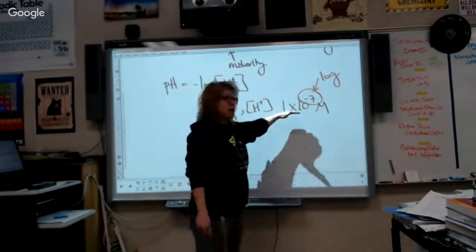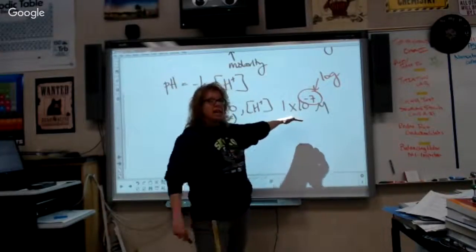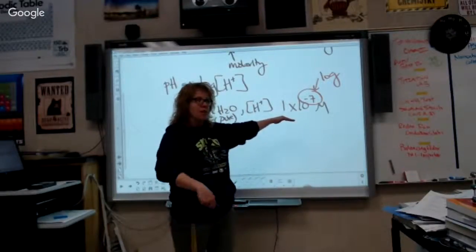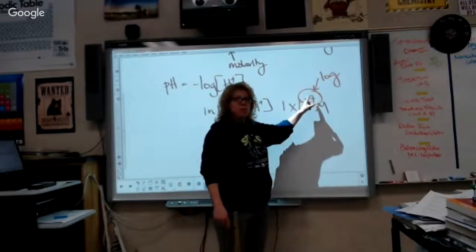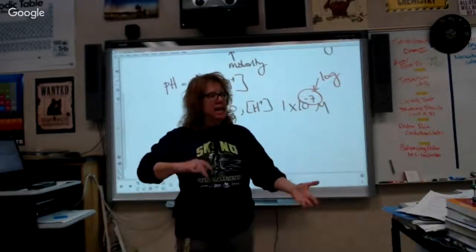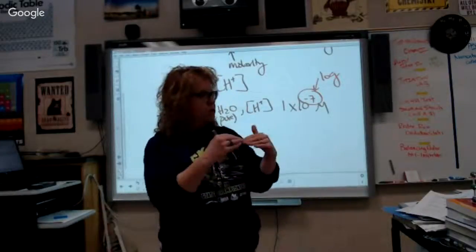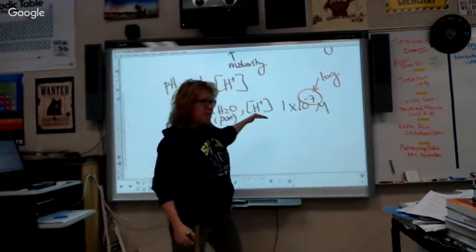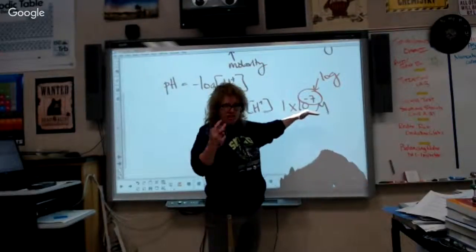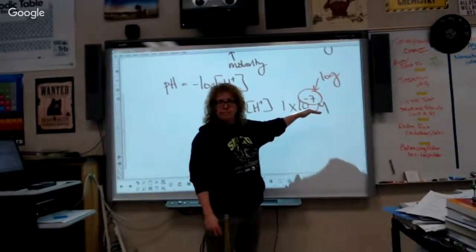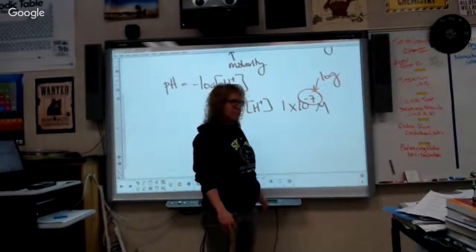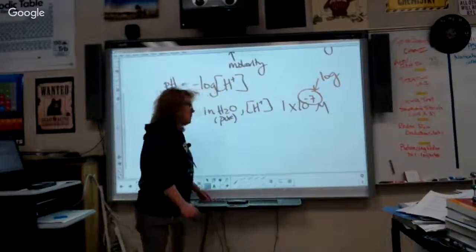If I take the log of this number, it's going to give me the exponent back. If I take the negative log of it, it makes that value positive. So when I take the negative log of that natural state of water and put it through a calculator, the negative log of that concentration is 7.